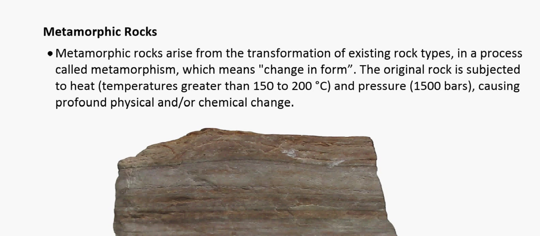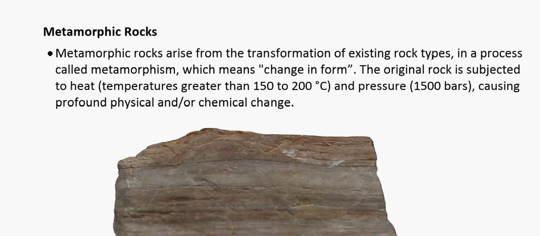Then the third type of rock is metamorphic rock. This is all from Wikipedia, I copied it from that. Metamorphic rocks arise from the transformation of existing rock types. This may be igneous rock or sedimentary rock.